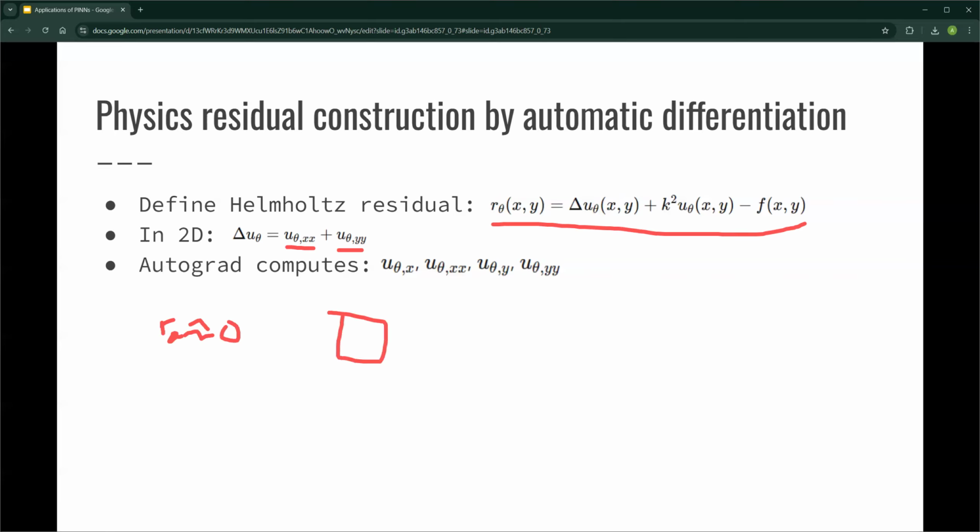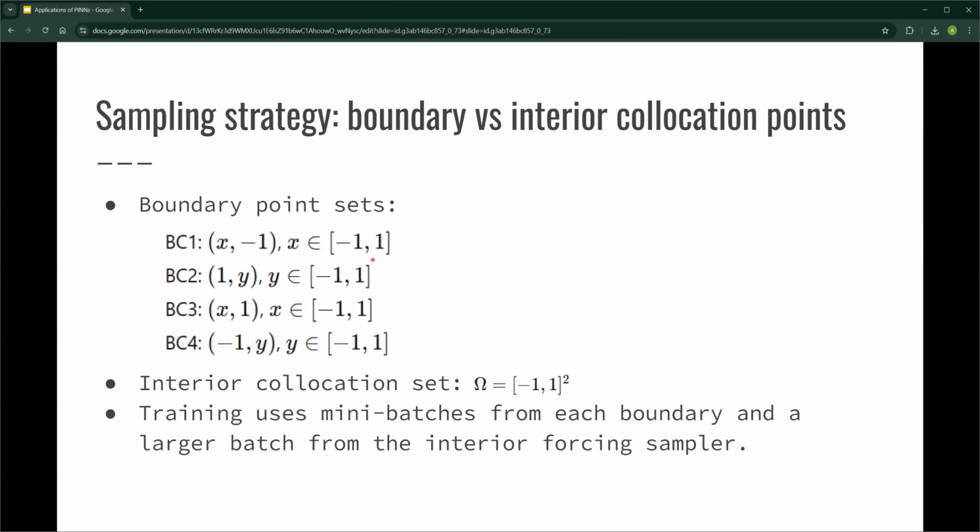So as I said before, we have a square domain, with boundary conditions on each corner and the interior points. On that topic, the boundary versus interior collocation points is our sampling strategy. The training will use two sets of points. One is the boundary points on the square, like I said before, and then we have omega, which is our interior.